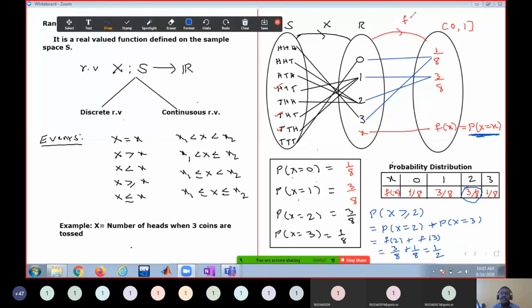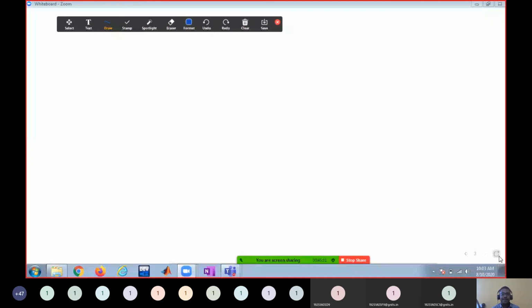So this is a probability distribution. In the case of a discrete random variable, this is called the probability mass function. What are the properties of this probability mass function? That we will see in the next slide.